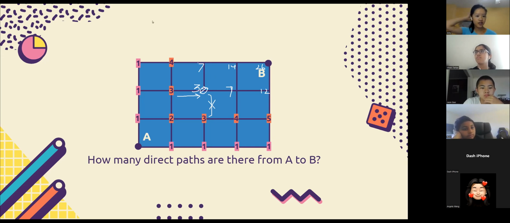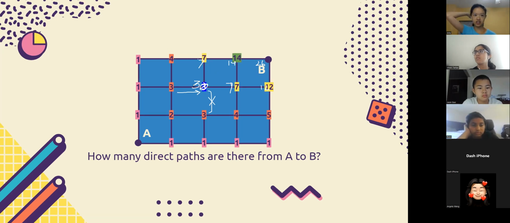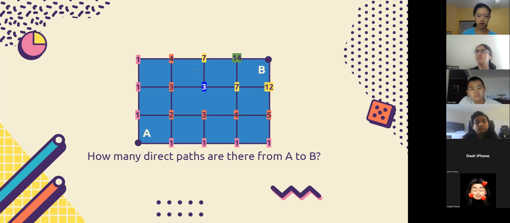I know some people in the chat were talking about that second method that used combinations, but the combinations method wouldn't work with this one because there's a hole in the middle, which is why this method is actually superior. It's more fun, better, and easier. So I would prefer this method over the other method, and that is why we're teaching it.